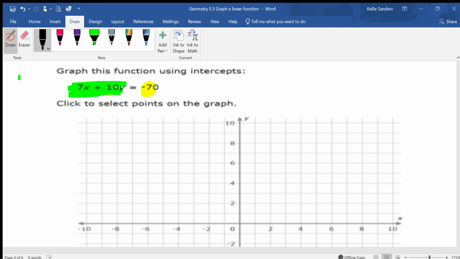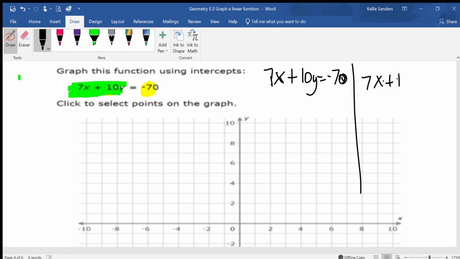So this is what we're going to do. We're going to write it down twice. My pen does not want to work. Okay? And watch. Let's put 0 in for x. The reason I want to put 0 in for x is because something really nice happens.